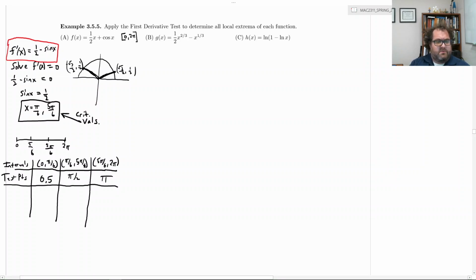Okay, so now we go to the sign of f prime. Here's actually a way you could think about this first one without even really using your calculator.